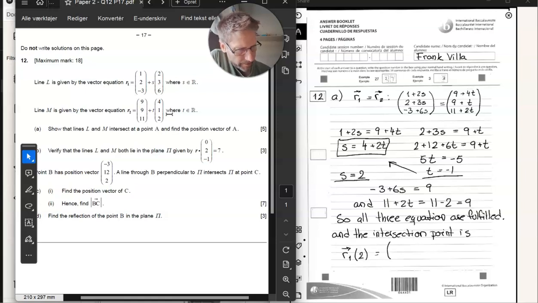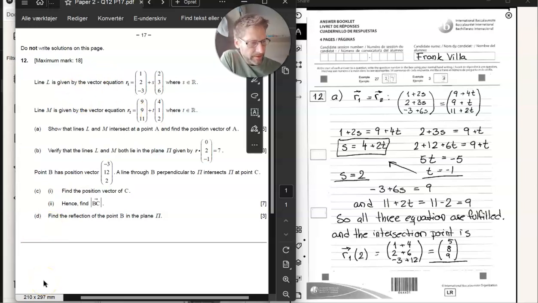So it goes like this. 1 plus 2 times 2, that's 4. 2 plus 3 times 2, that's 6. And minus 3 plus 12 is 9. So we get 4, 6, and 9. And this is the position vector of the intersection.